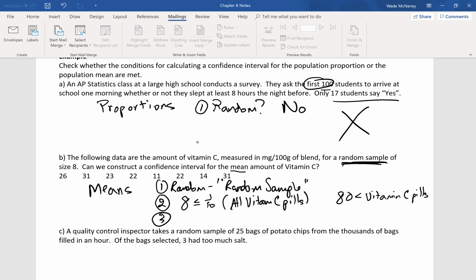Because this is means, this is our hierarchy, and actually this is going to be the first time where we get to check that third level of the hierarchy, because in this case, the population, we don't know if it's normal or not, so we can't go off of level 1. On level 2, this sample of 8 is not enough to satisfy the central limit theorem, so we have to go to level 3. We have to graph our sample data.